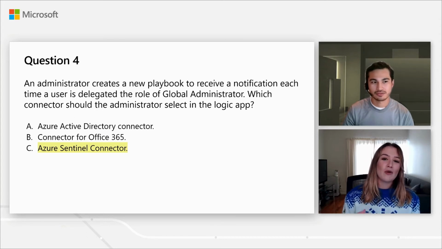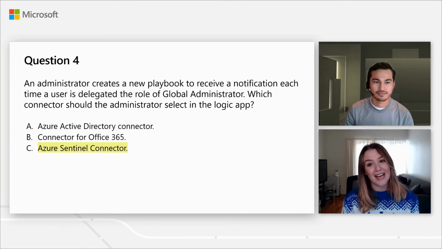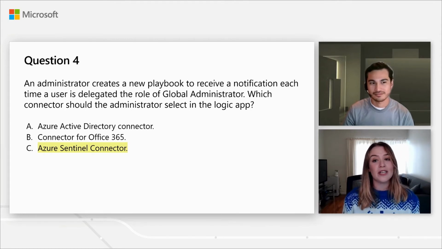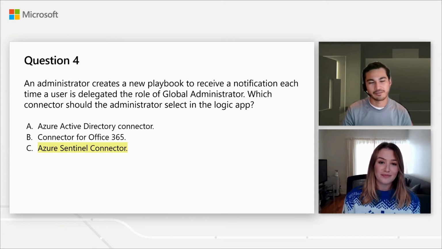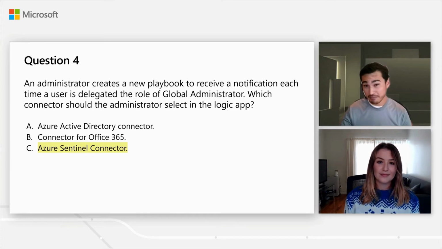Although we're getting our information from Azure AD, we're not taking any action, so the logic app wouldn't need to connect in any way to Azure AD. Yeah, and the contextual keyword here is playbook and not logic app, so it's within the context of Sentinel that we're looking at this. Tricky question. Very tricky. All right, moving on.